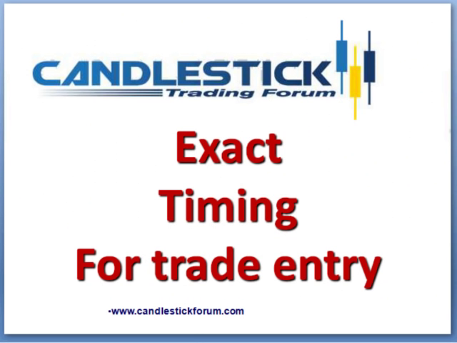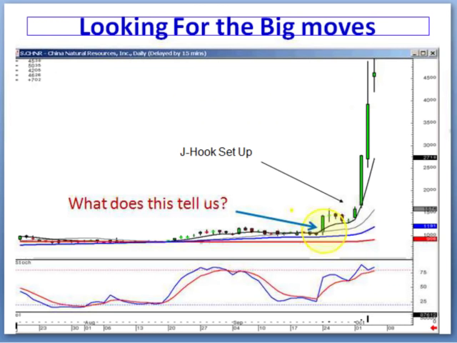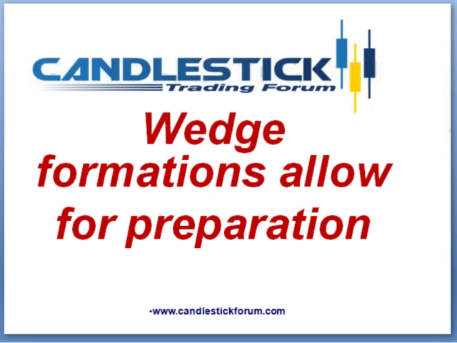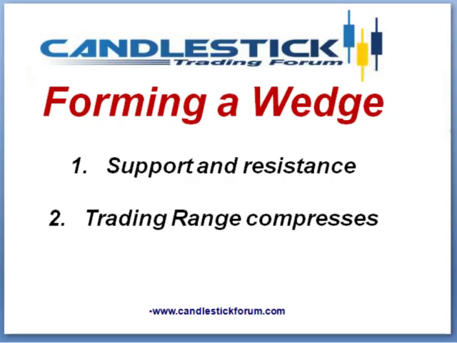It also allows for exact timing for a trade entry. So based upon candlestick signals, we can see when there's been a dramatic change of investor sentiment in a trade. Now, the wedge formation allows us to visually analyze when that change of investor sentiment is about to occur.